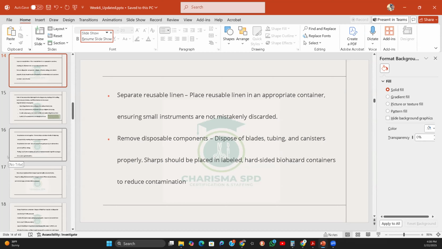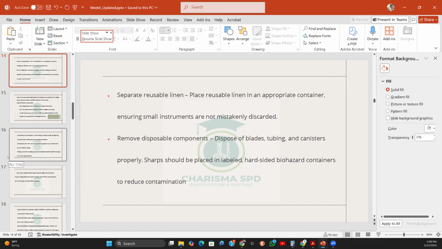All right. So for example, if a room is set up and then the patient decides to change his or her mind, even though the instruments have not been used, they still have to come to the operating room to be processed. And you still have to follow the same protocols in transporting them. So when you are at the point of use and prepping this instrument, you have to separate the disposable items from the reusable items.